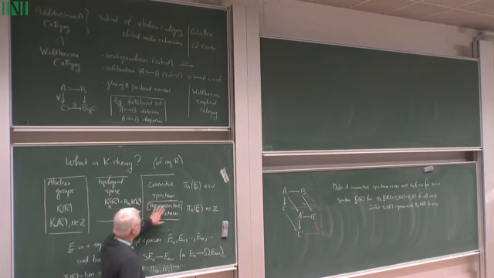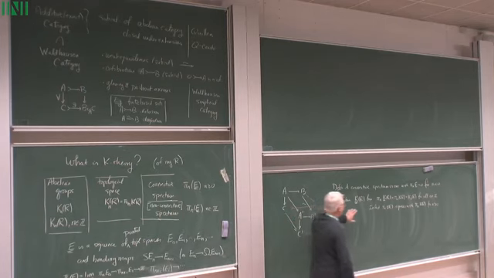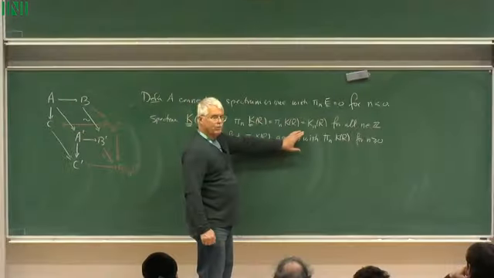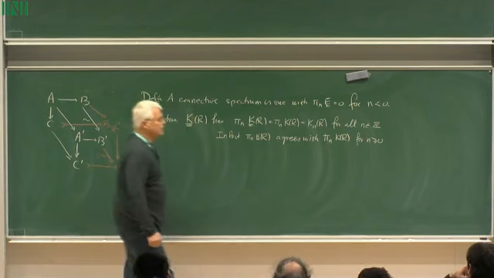So by going to this non-connective spectrum, what I end up with are negative homotopy groups, but if I ignore the negative homotopy groups, then I get the same groups that I started with from the topological space.